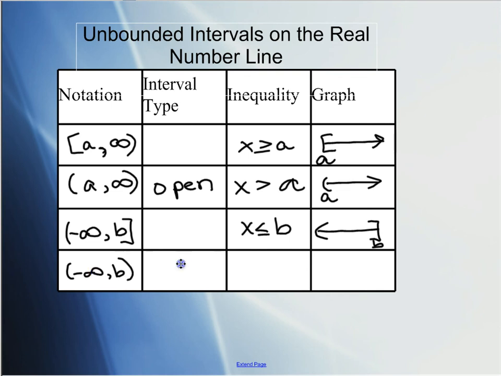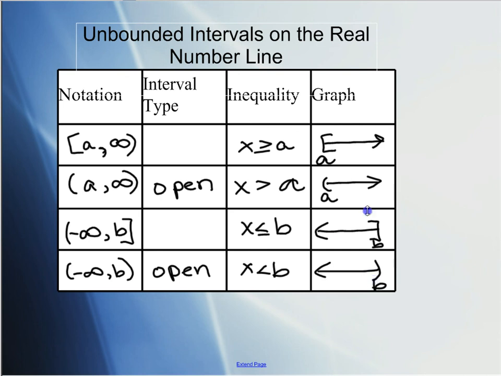And if you have a parenthesis on the right side, then again you have an open interval, and this time we have X is less than B, and so it's a parenthesis going to negative infinity.